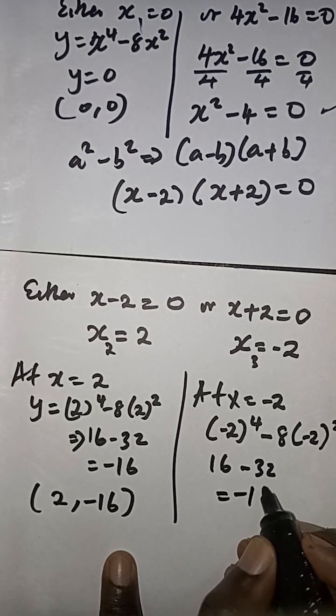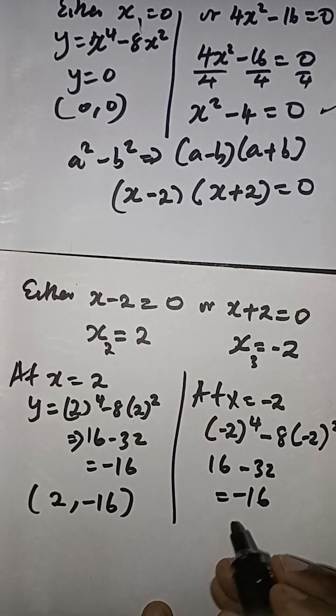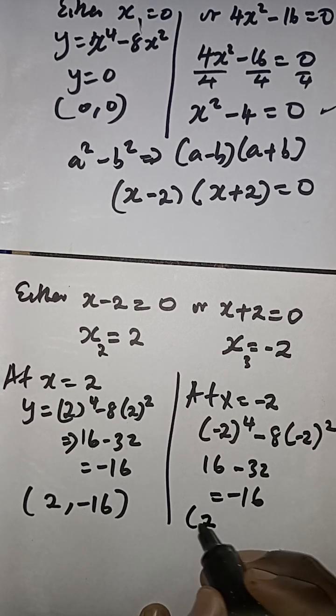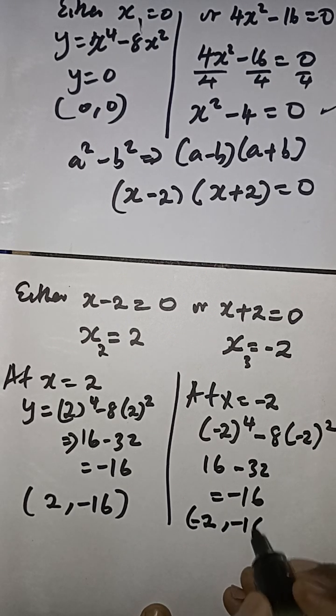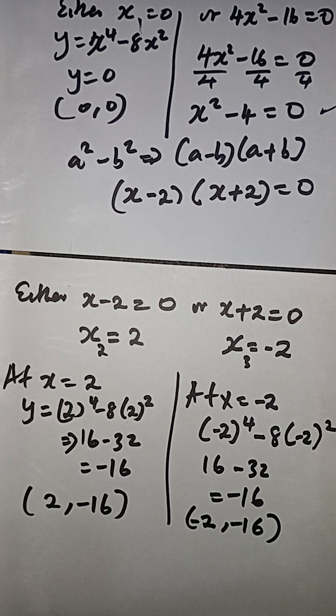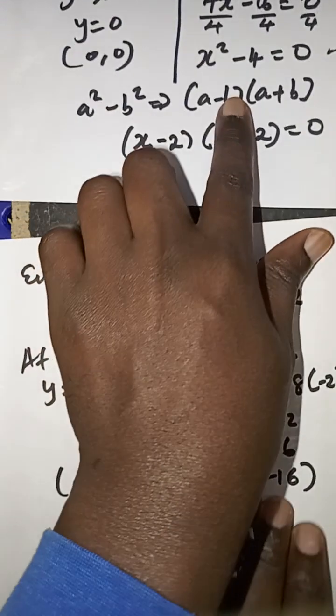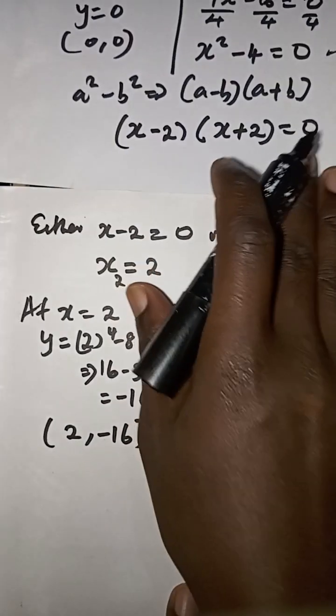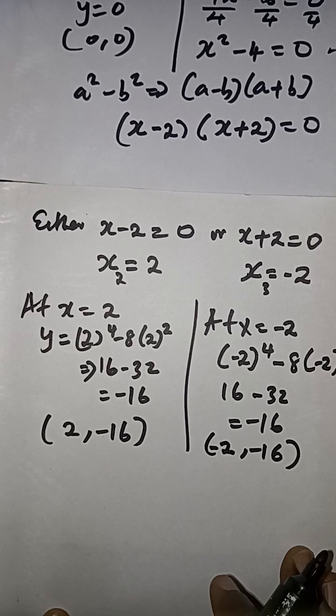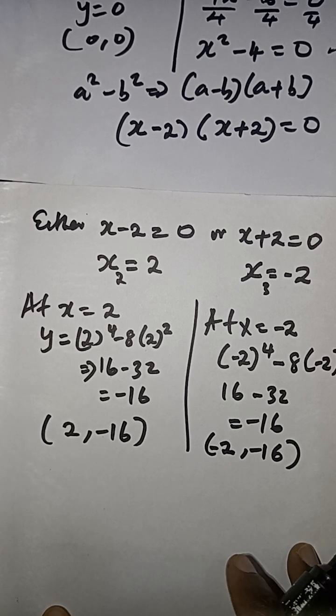You also end up with negative 16. So that I have another stationary point, (negative 2, negative 16). So next, I need to determine the nature.